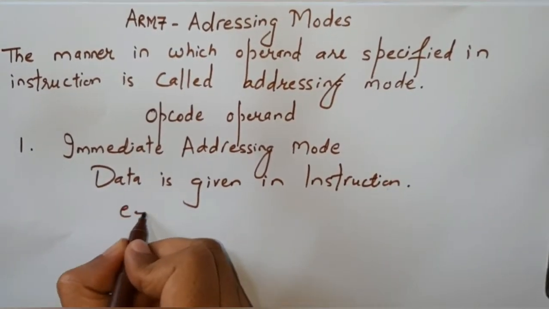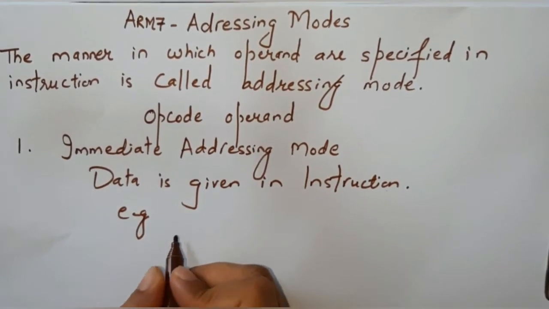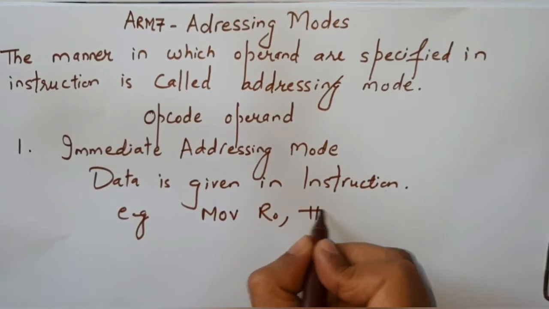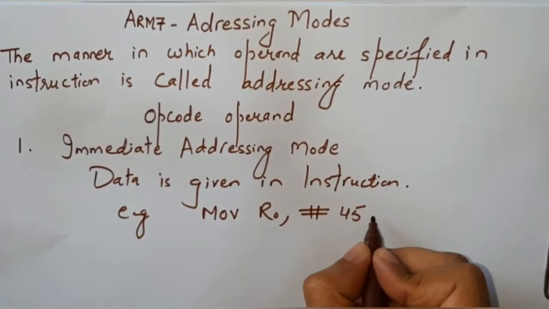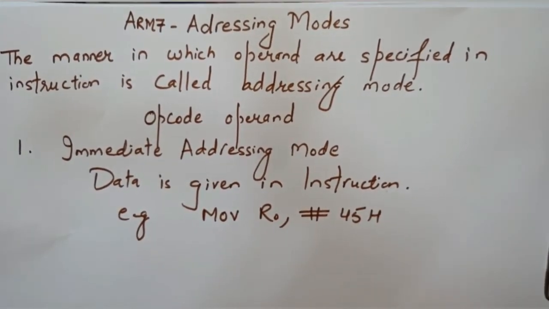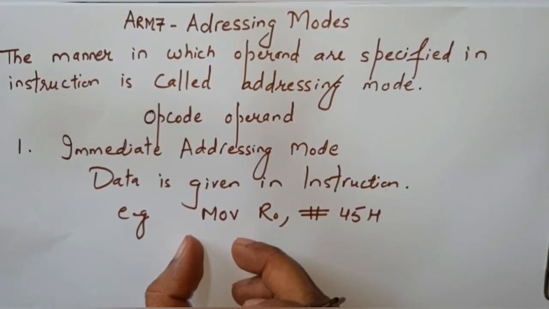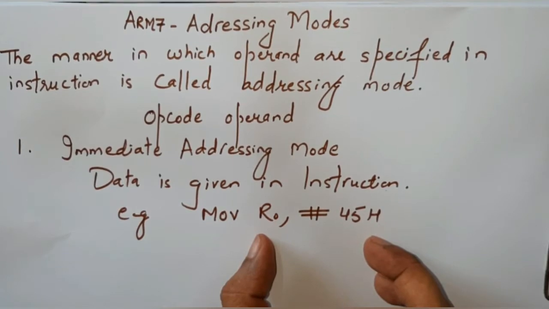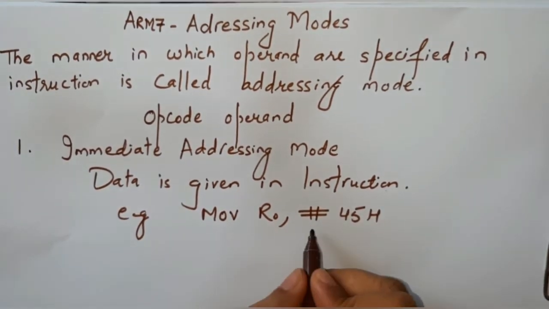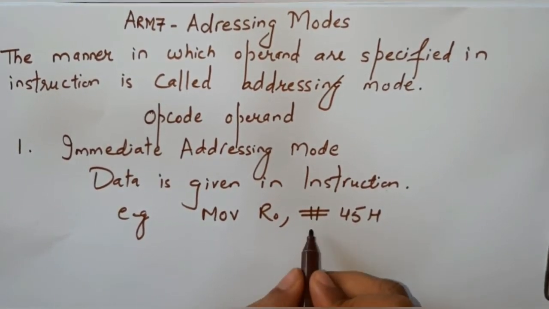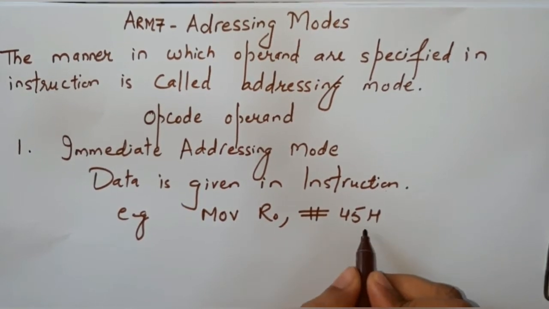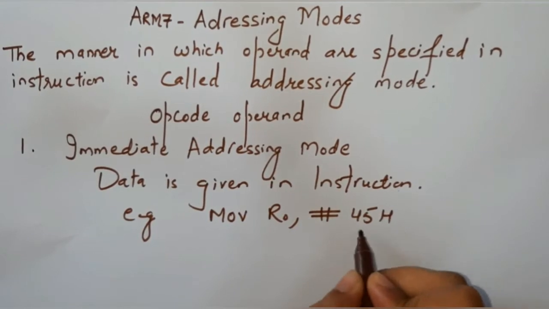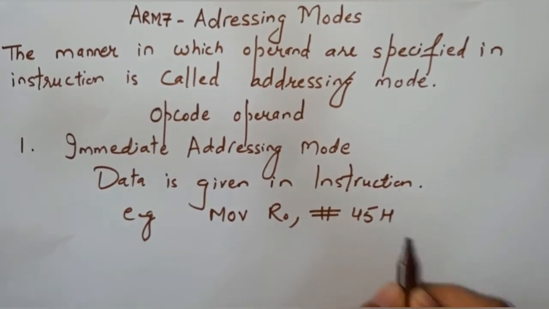We take the example of immediate addressing mode: MOV R0, #45H. So this MOV is the opcode and this part, register R0 and #45, is the operand. This hash indicates the value. If this hash is not given, then 45H will be a memory location. 45H means this value is given in hexadecimal.